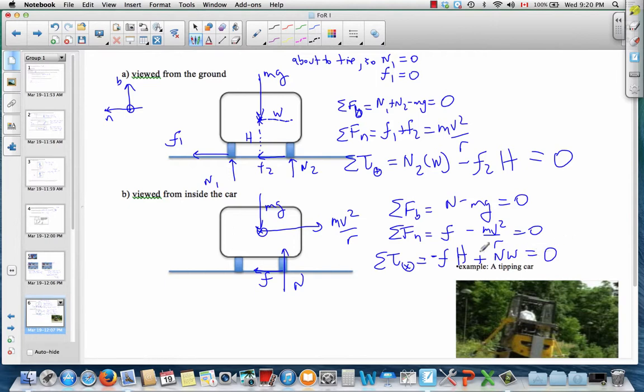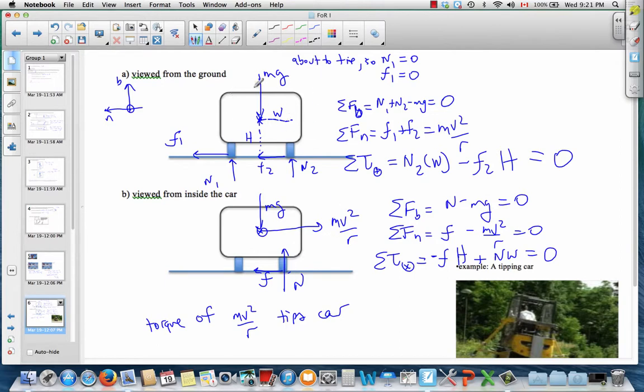Now, because the friction force equals the mv squared over r, you can see here that the tipping torque comes from the mv squared over r force. So the torque of the mv squared over r tips the car in the accelerated reference frame. So you see the centrifugal force tipping the car, making it rotate about this point.